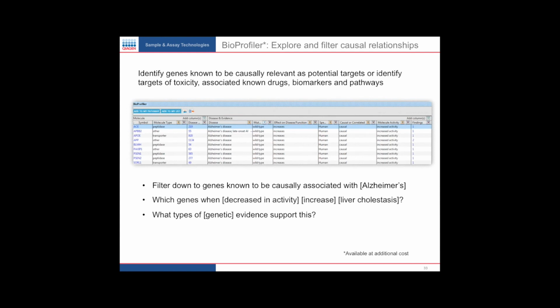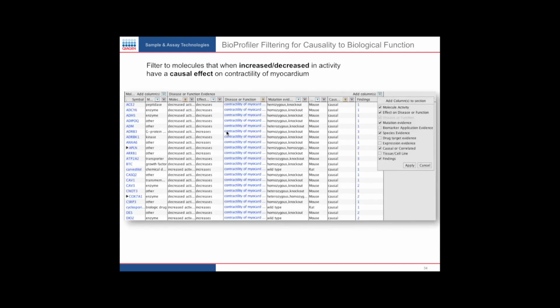You can do this kind of analysis to say which molecules, when increased or decreased, have a causal effect on a particular endpoint like contractility of myocardium, and you get this nice table where you really can filter in a detailed way what species, how it's activating, how it's inhibiting, and really explore a set of genes in a detailed way, or compounds. It works for compounds as well.